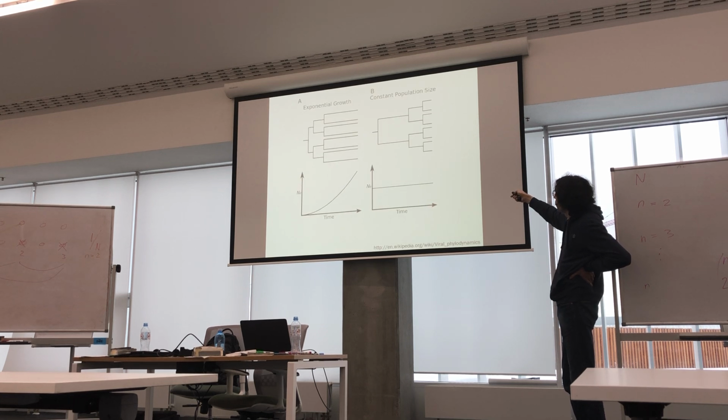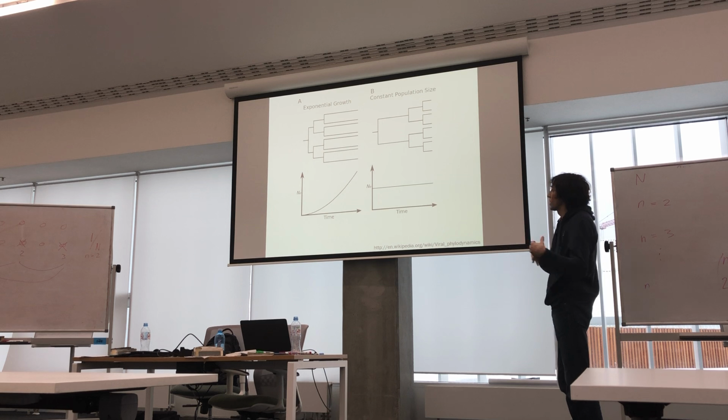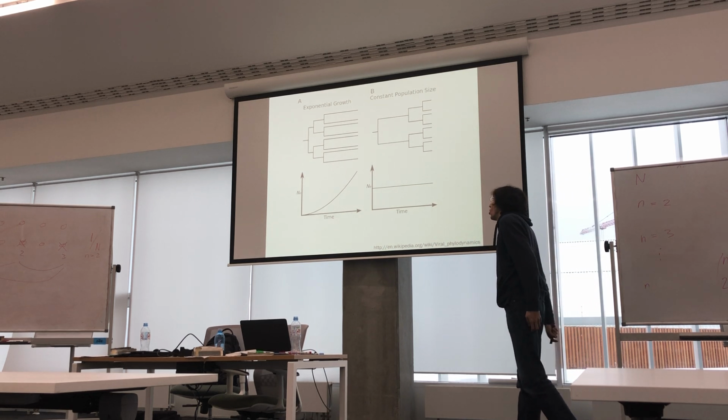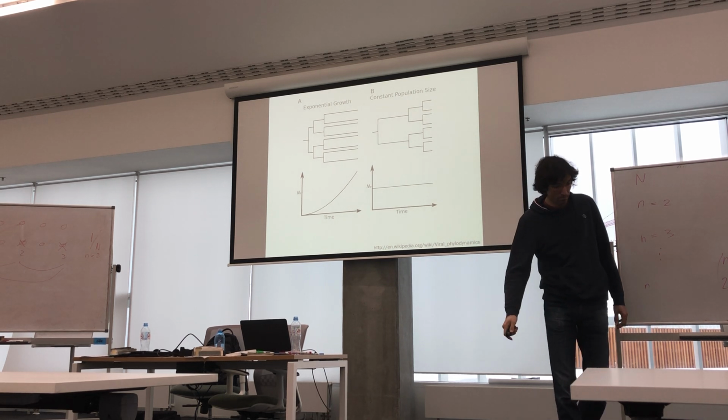Again, this is something that you expect under constant population size under the Wright-Fisher model. So the length of this time is equal to the sum of all the other coalescent times. And if, for example, the population has been growing exponentially, you expect something completely different. You have to expect a different shape of the coalescent tree.